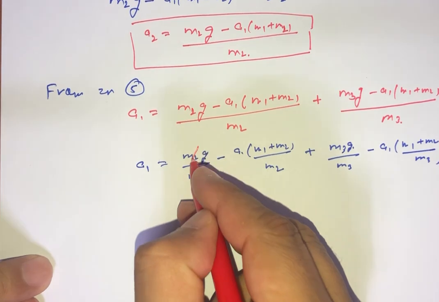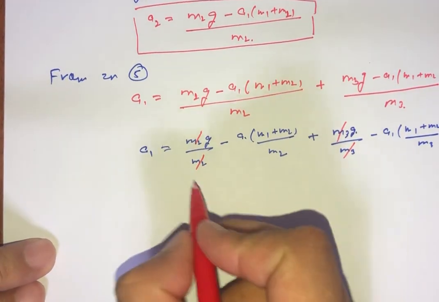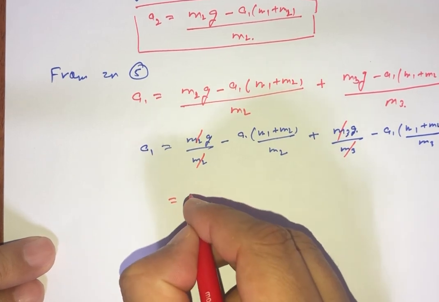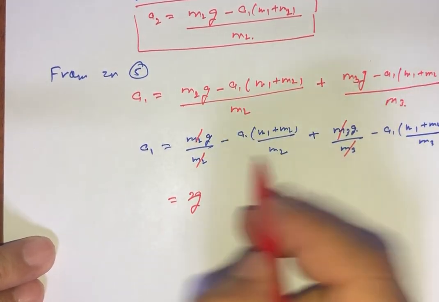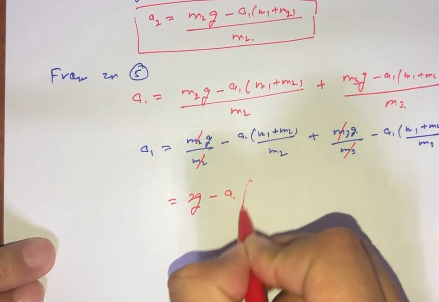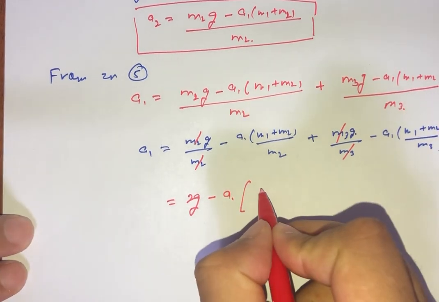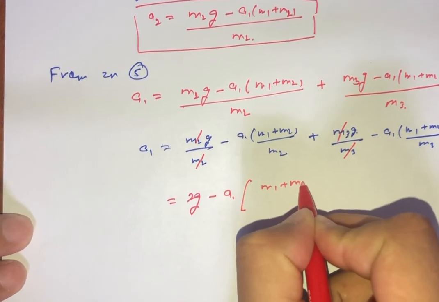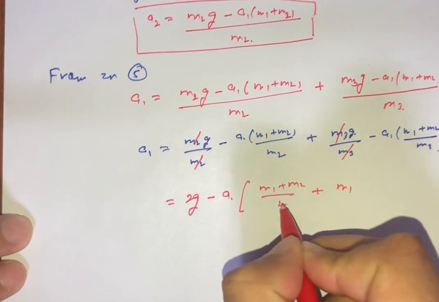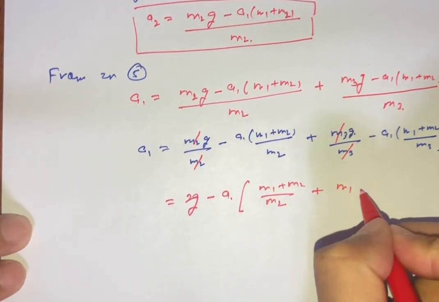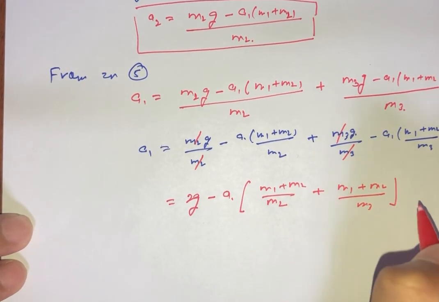So our m2 cancels here and m3 also cancels. So we get this as 2g. Okay. Now we solve this one. a1 as common. We get (m1 plus m2) divided by m2 plus (m1 plus m2) divided by m3.